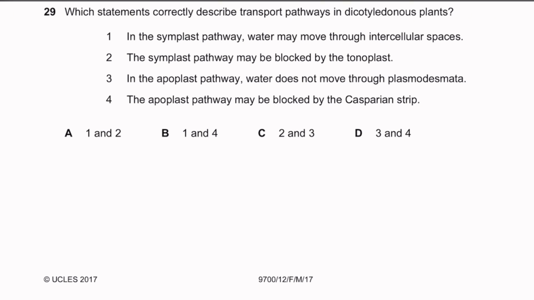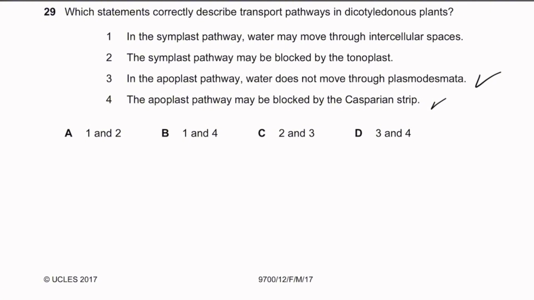Okay, so 4 is definitely true because the Casparian strip is found in the cell wall, and it is a strip made of waterproof material, which is obviously going to block the pathway of water. So the apoplast pathway, the dead pathway, is blocked. And then 3 is also true because in the apoplast pathway water does not move through plasmodesmata, that is part of the symplast pathway.